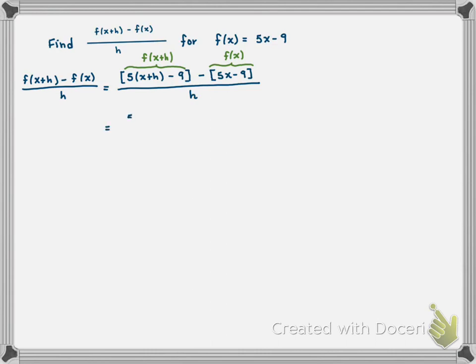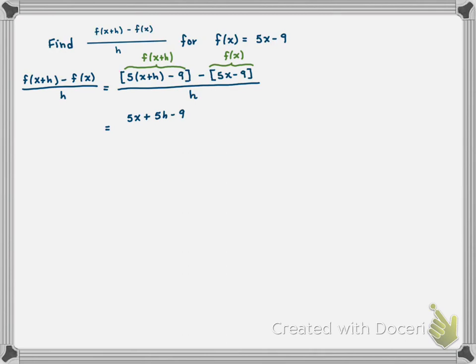So we have 5x plus 5h, and I don't need to keep brackets around that because there's nothing to distribute out here, right? So distributing that 5 gets rid of those inner parentheses, and then there's nothing to distribute in front of the bracket, so I can just drop them.